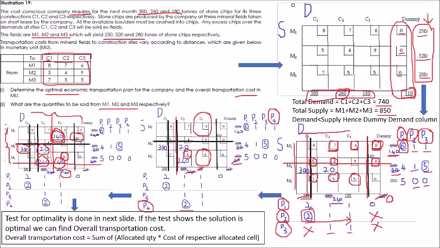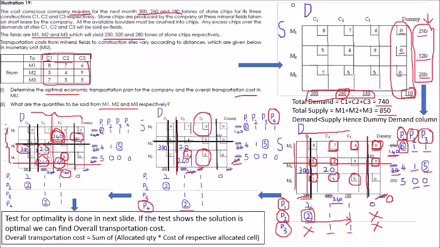For every penalty we find the highest penalty, and if it is in a row, you allocate the demand to the supply, and if the highest penalty is in a column, you allocate the supply to the demand. Either way you exhaust the rows and columns, cancel them, and finally exhaust all the demand and supply available.